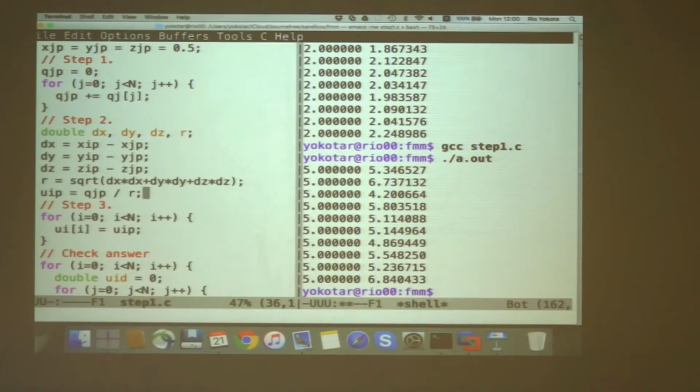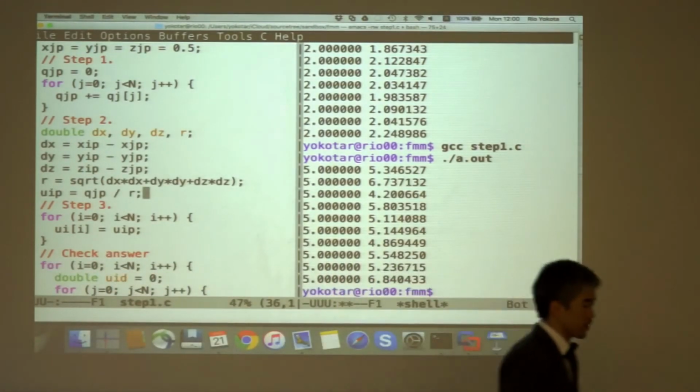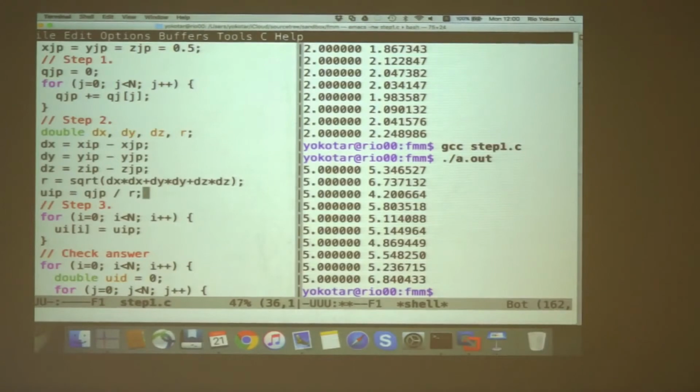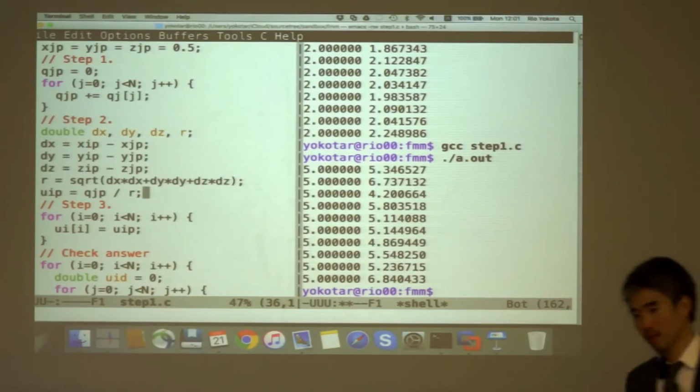Okay, I will prepare the account for them. Oh, they have accounts. Okay. Most of them can compile locally, on their own computers, but maybe some need that.